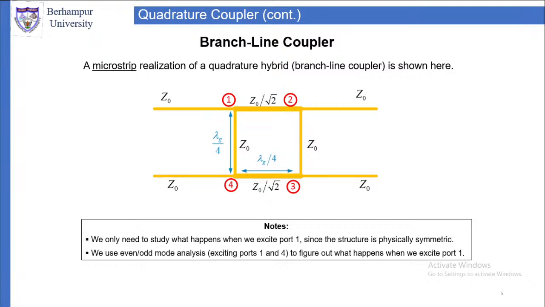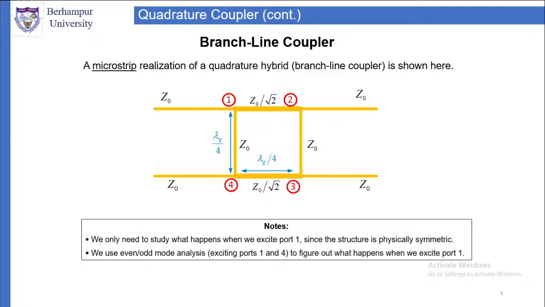Now look at this figure. In this figure, there are 4 ports, 4 junctions. Junction 1, junction 2, junction 3 and junction 4.